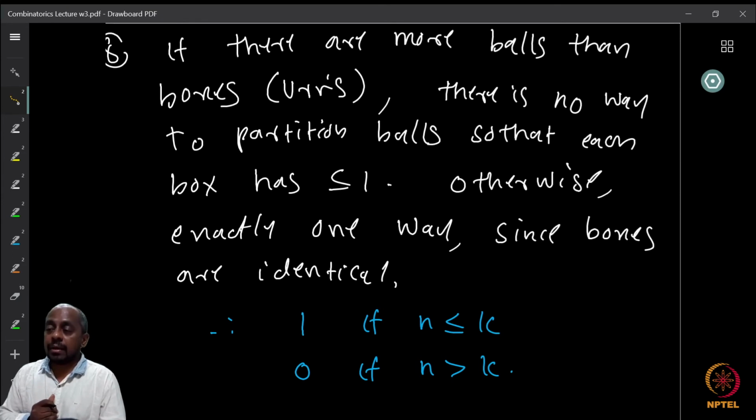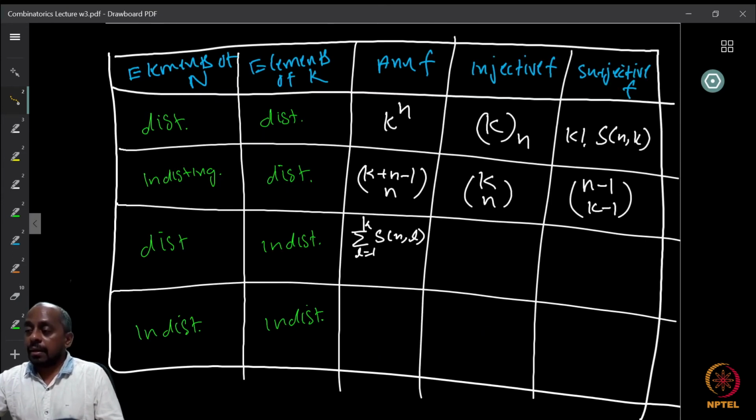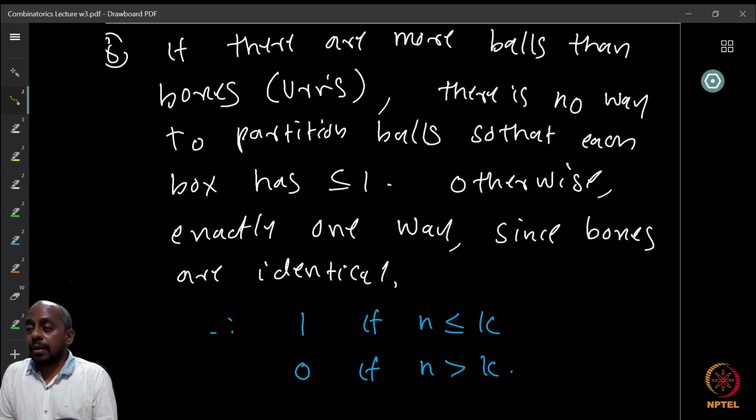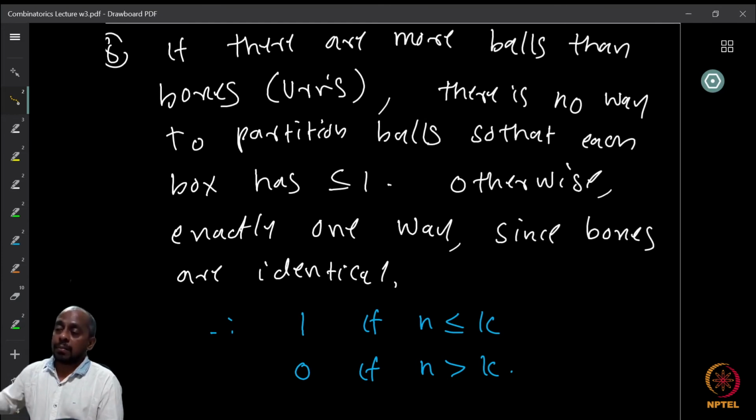Therefore, we have injective functions only if the cardinality of n is less than or equal to the cardinality of k. And how many are there? There is only one way because the boxes are all identical. Now you are going to put the balls so that each box has less than or equal to 1.